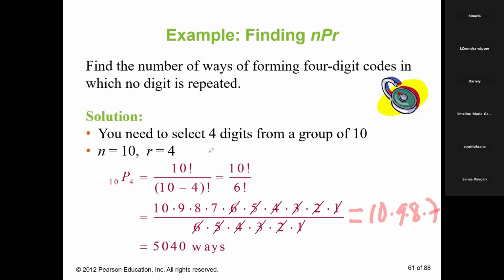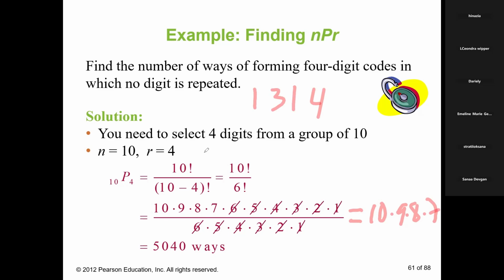So that means a 4-digit code, if you have something like 1, 3, 1, 4, that's not good. Why is this one not good? Because there are two of the same number. Because we repeat the number.